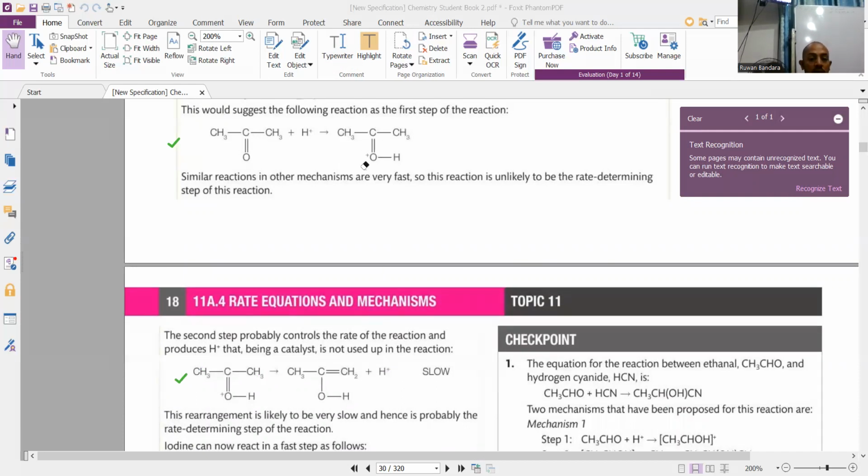Okay, copy these two. H plus and propanone react to form this molecule. From this molecule, one of the hydrogens on the carbon leaves. That's no problem.